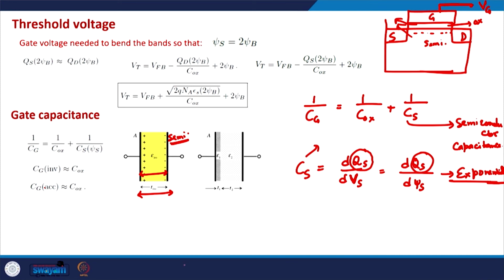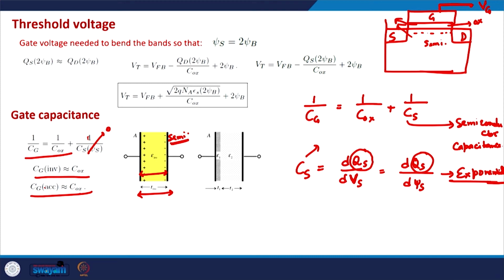When we have two series capacitances, the total capacitance is limited by the smaller capacitance, because if Cs is extremely large, then 1 by Cs will be approximately 0, and in that case Cg will just be equal to Cox. So in accumulation and in strong inversion, the total gate capacitance is almost equal to the oxide capacitance.